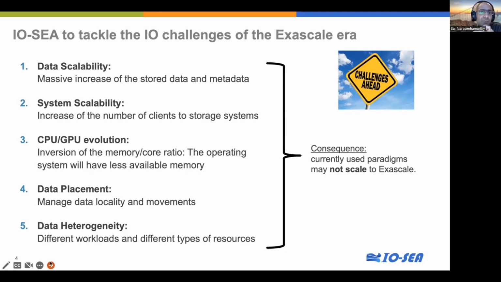Then the other trend for storage and IO, as you get towards Exascale, is that the system is scaling enormously. So the number of clients that work on the storage system is increasing tremendously. This is because of the multi-core and many-core trends.